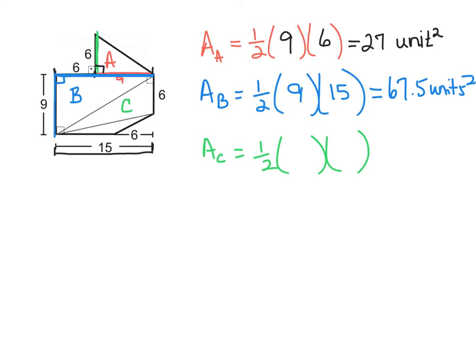This triangle is our first triangle that is not a right triangle. I do know this side right here, so I'm going to make it my base and call it 6 in the formula. Now, if I turn this triangle sideways, I can see that the opposite vertex is right up here.